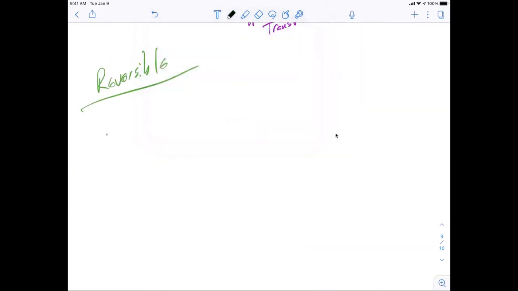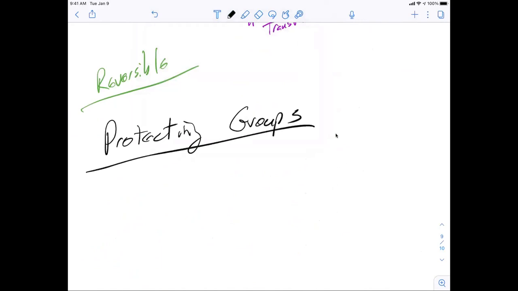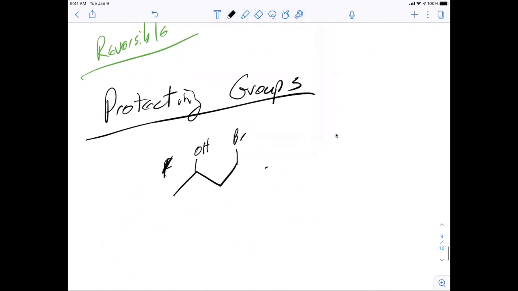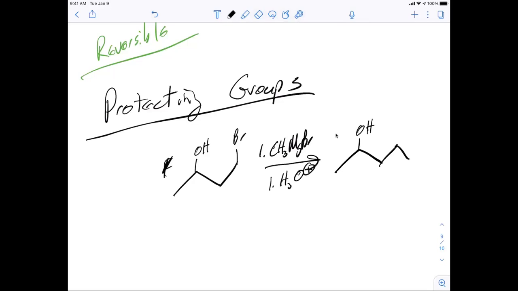Okay, this leads us to protecting groups. And if you remember, if I can take functionality A, right? So if we think about this reaction, and I wanted to do a Grignard on here to get this, right?